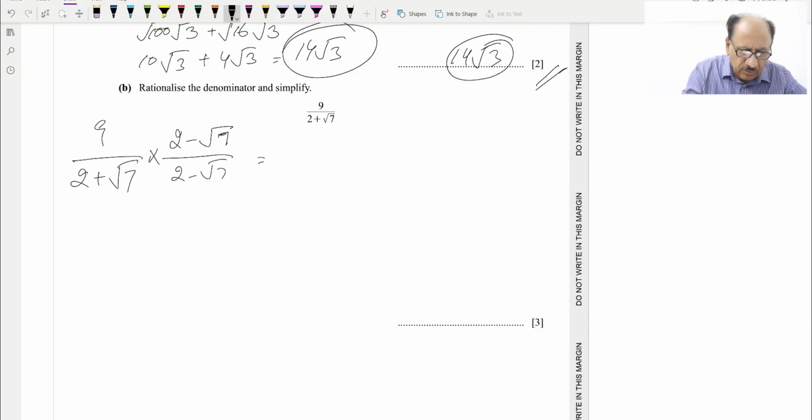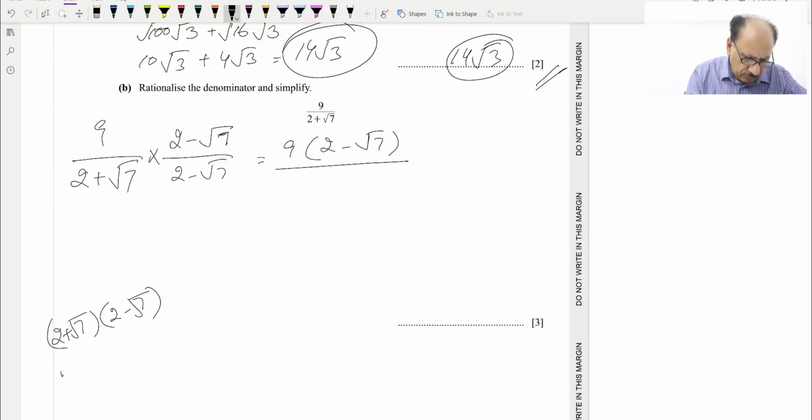Now we can write the numerator as 9 into 2 minus root 7, and the denominator is multiplied: 2 plus root 7 and 2 minus root 7, or you can apply the formula. 2 into 2 is 4, minus 2 root 7 and plus 2 root 7, and minus root 7 squared is 7. So this will be minus 3.